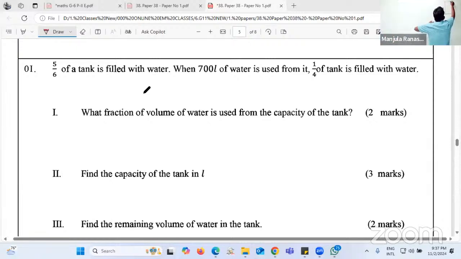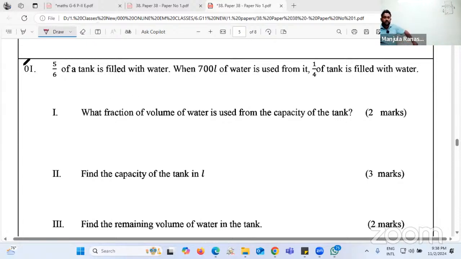When 700 liters is used, it is reduced to 1/4 of the tank. So 1/4 of the tank was filled with water.